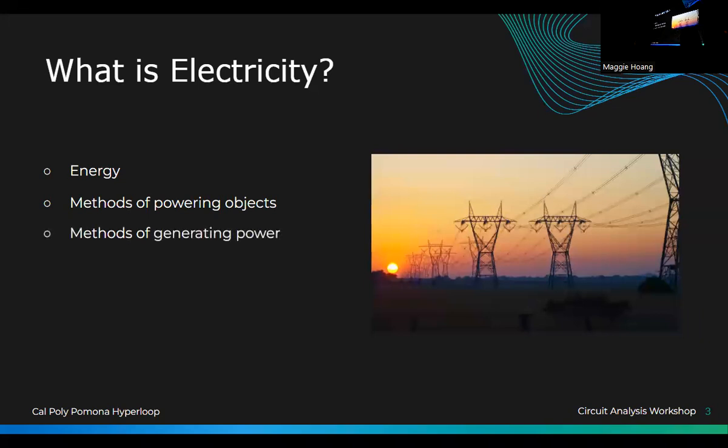So can somebody name a few ways that we generate power today? Yeah, solar. Solar is pretty cool. Wind turbine. Yeah, wind. Thermal.